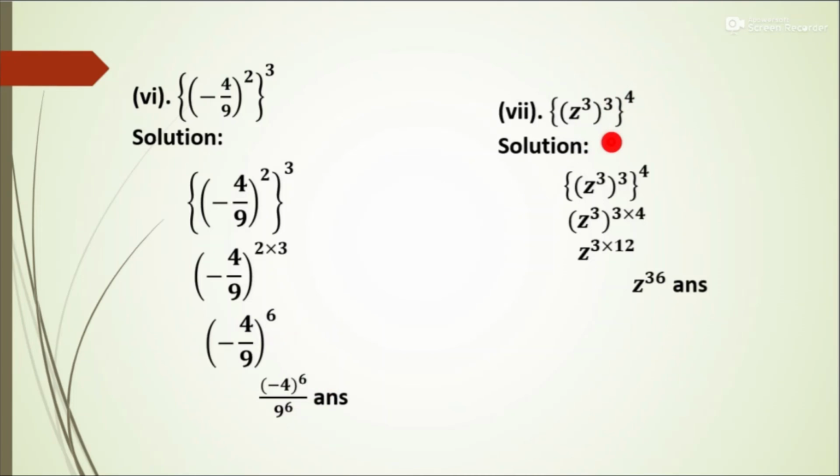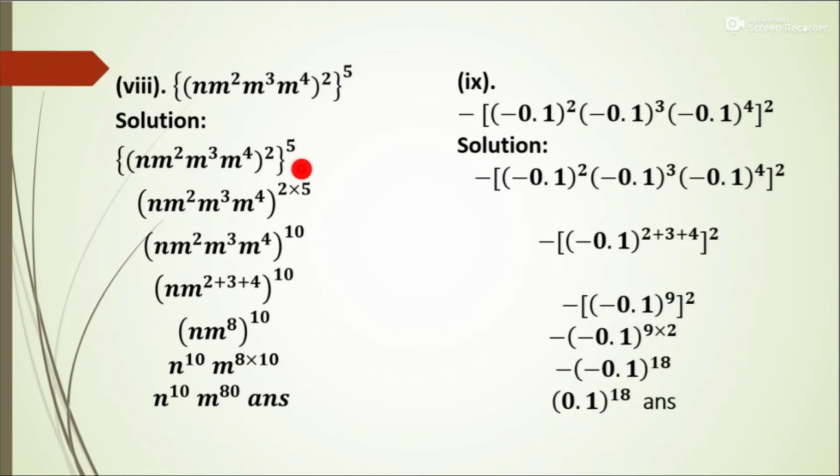Now again in this question the power consists of 3 terms, and the power of the whole number is 4. First of all, outside number 4 is multiplied by this number, 4 multiplied by 3 is 12, and now 12 is again multiplied by 3, so 12 multiplied by 3 is 36.